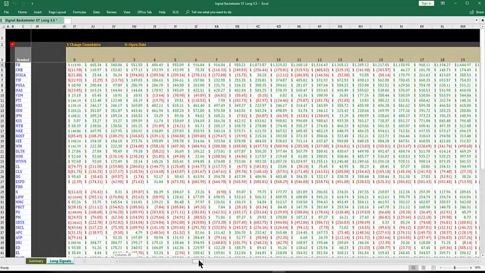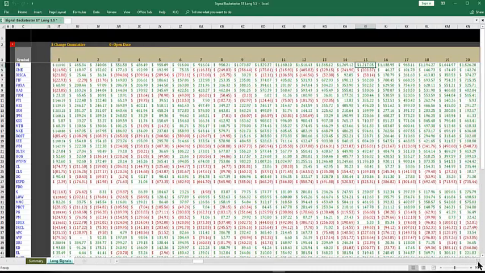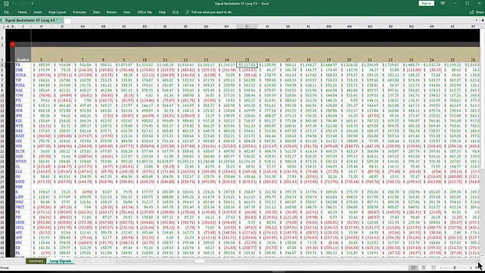And just a reminder, that is not with a stop. That's simply the maximum size you could have had, the maximum position size you could have had. Go to day 15. If you'd stayed in the trade for 15 days, you would have been up $1,200.